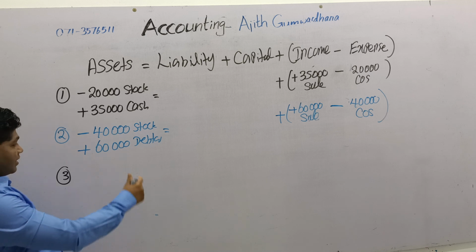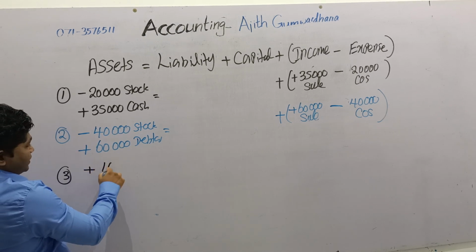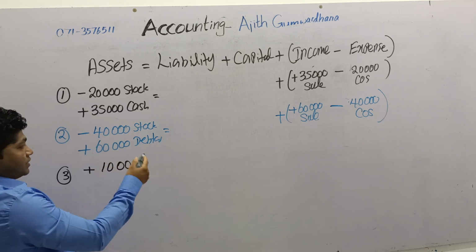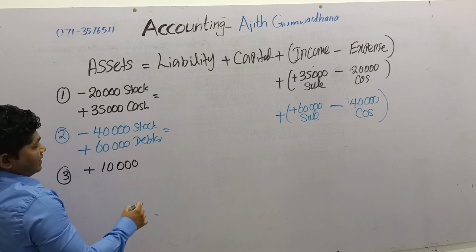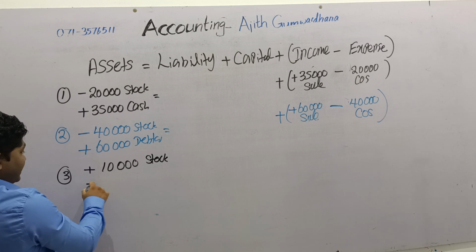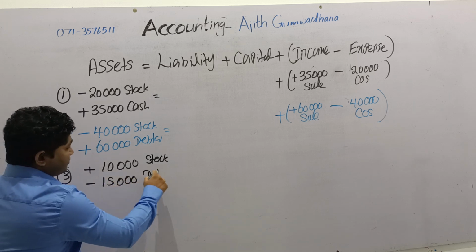Take sales return. How to record? Stock increase 10,000 cost value. Therefore, stock asset increase. And debtor also asset decrease 15,000. Think about sales return.